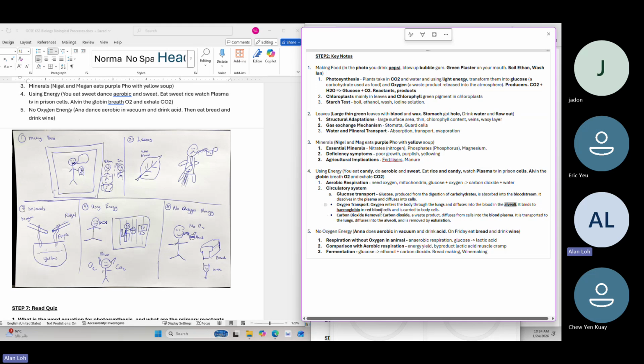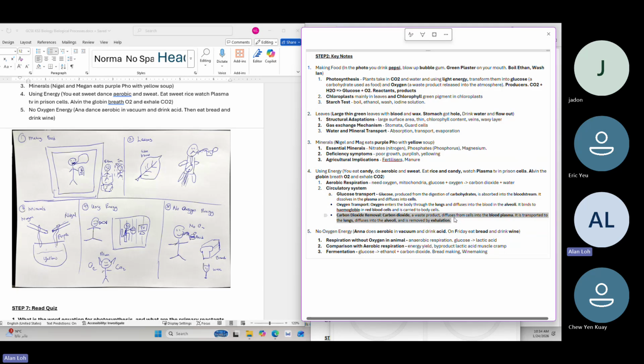And hemoglobin is inside a blood cell. It transports oxygen and then exhales carbon dioxide. So for carbon dioxide removal, it is the other way around. Once the respiration is done, where you transport the oxygen and the glucose, you create a waste product, which is carbon dioxide, and it is diffused from the cell into the blood plasma.